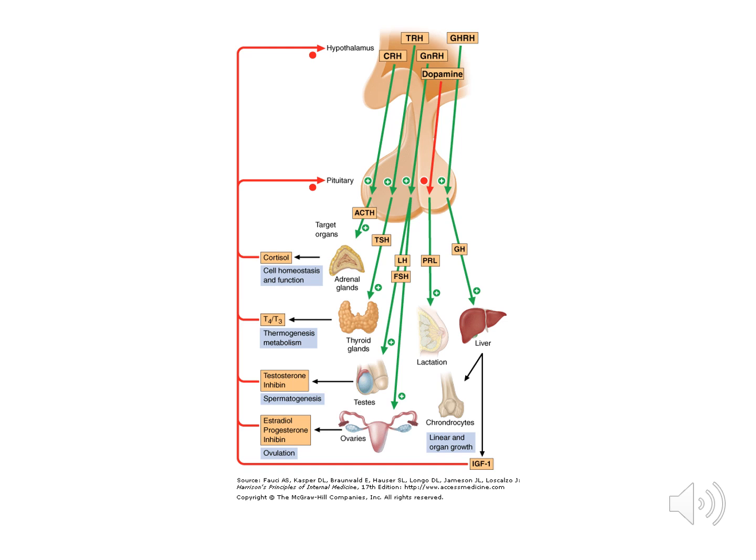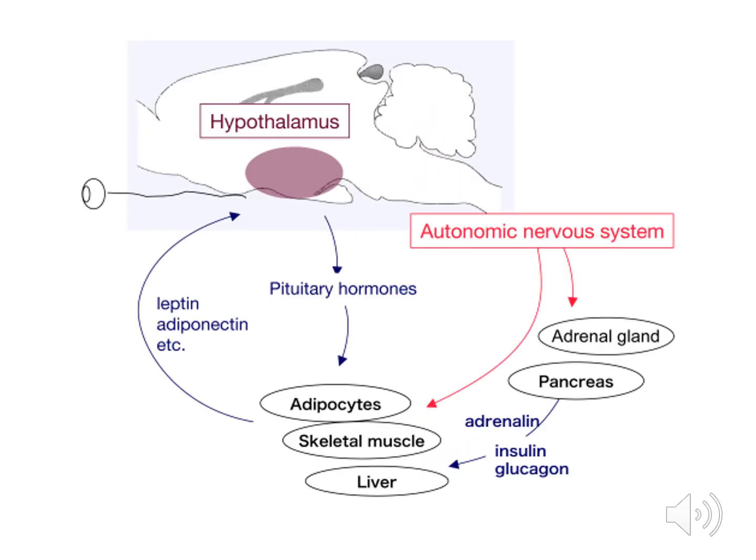But there are a couple other things that your hypothalamus does as well. The hypothalamus does help regulate your autonomic nervous system. Remember, we've been talking about the autonomic nervous system pretty much all quarter. It's divided into the sympathetic versus the parasympathetic systems, right? And the hypothalamus helps to regulate the activity of the autonomic nervous system. And we're going to talk a little bit more about that in class.